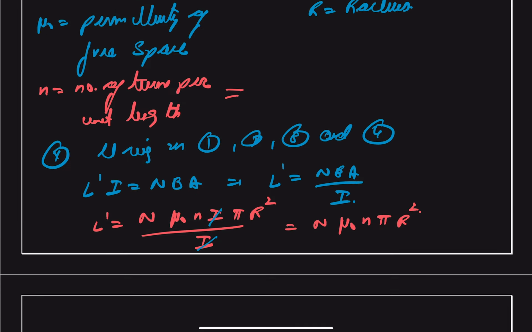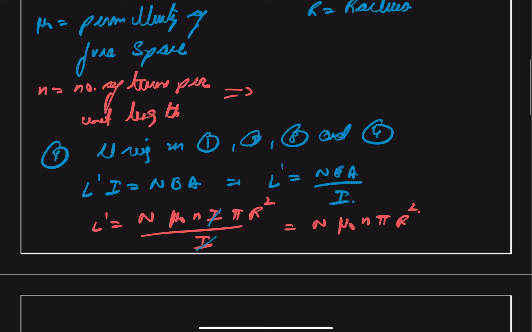So small n will be equal to capital N divided by L.